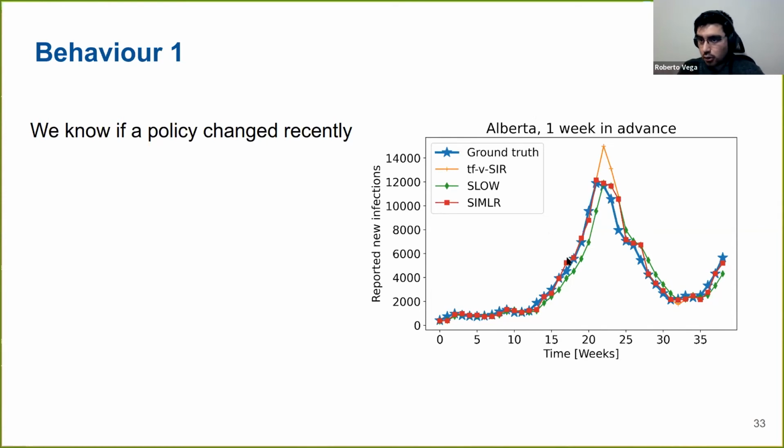If there has been no change in policy, then you just use the orange model, right? The SIR model with time-changing parameters. But if you know that a change happened within the last 3 weeks, then switch to the slow model. So basically you select either one or the other.